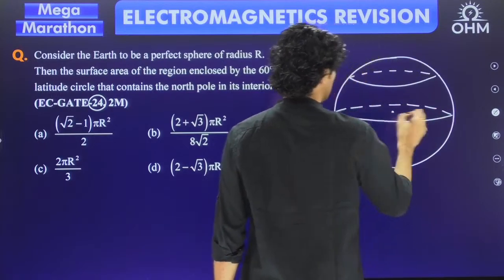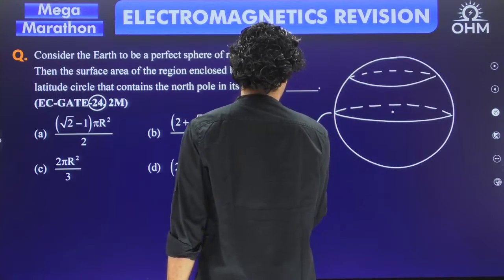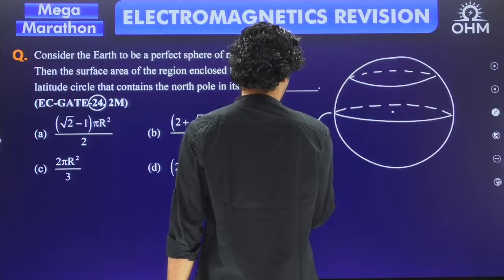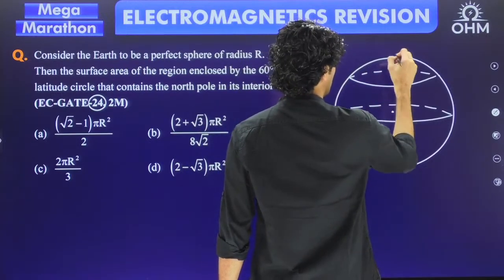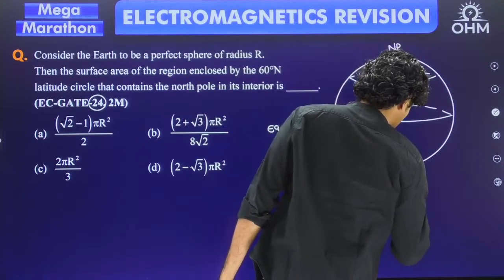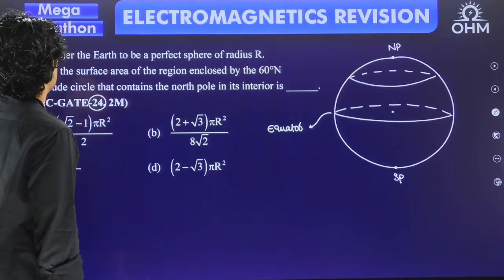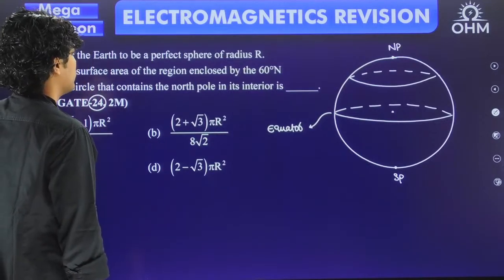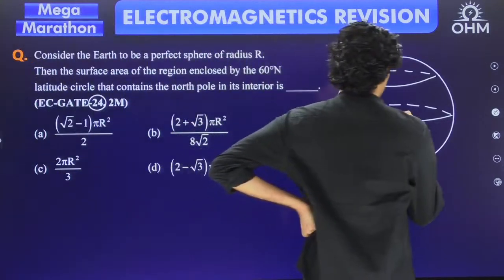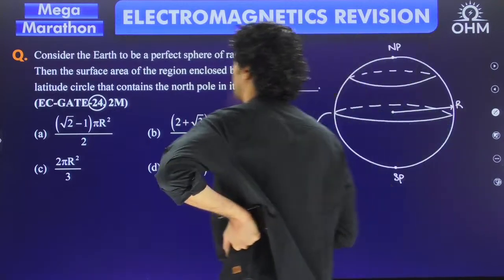Let's assume the center line that you have taken is the equator, and on the topmost point we have the north pole, and at the bottommost point the south pole. Now consider the earth to be a perfect sphere of radius r. The radius of this earth is r.